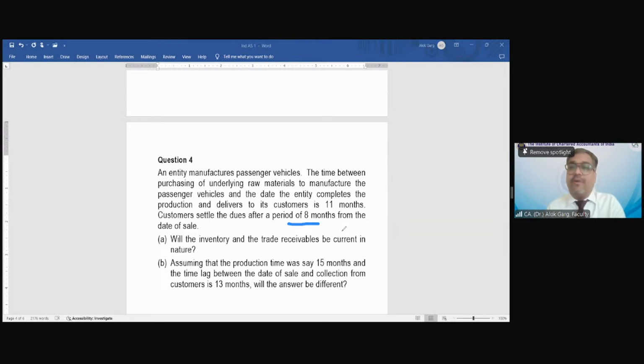So what is the concept of current and non-current asset? Non-current asset is very simple. An asset which is not a current asset is a non-current asset. But what is a current asset? Again, I am taking you back to my PowerPoint presentation.